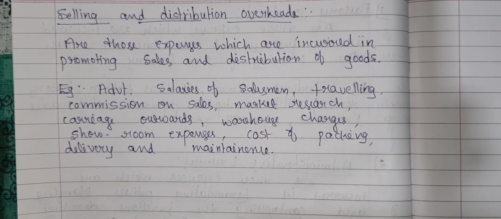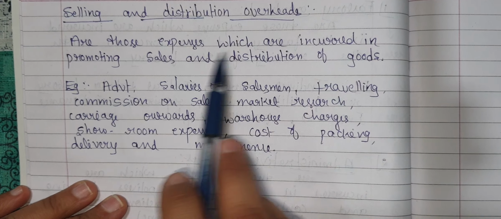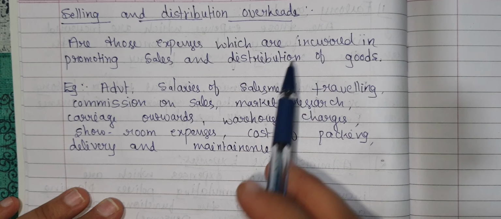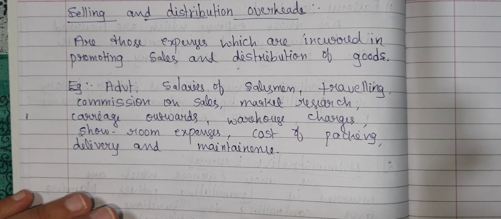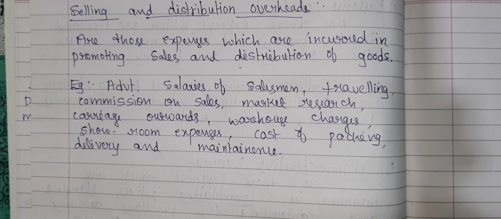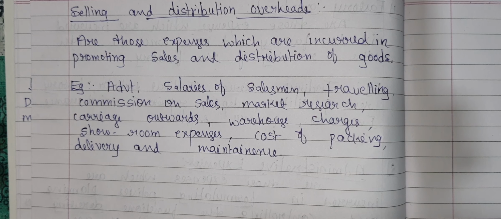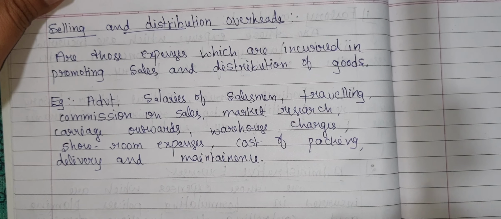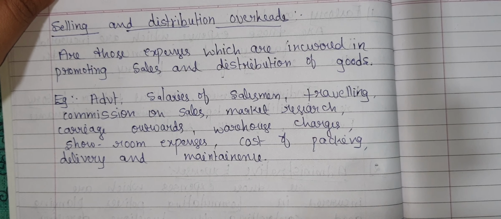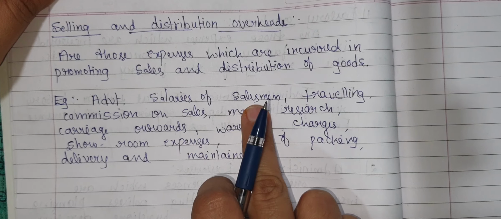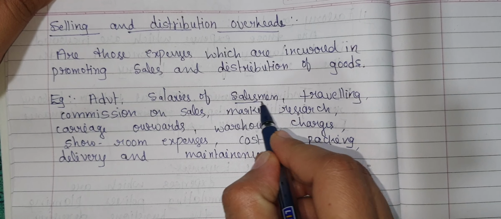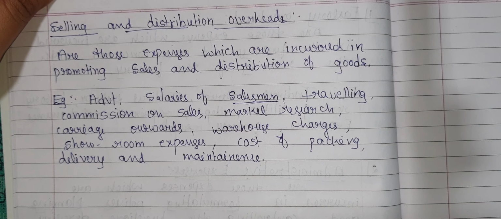Clear? Next, the third one, the last one, is selling and distribution overheads or selling and distribution expenses. It means those expenses which are incurred in promoting sales and distribution of goods. For example, advertisement for promoting the sales, salaries of the salesman. Okay, not office staff.